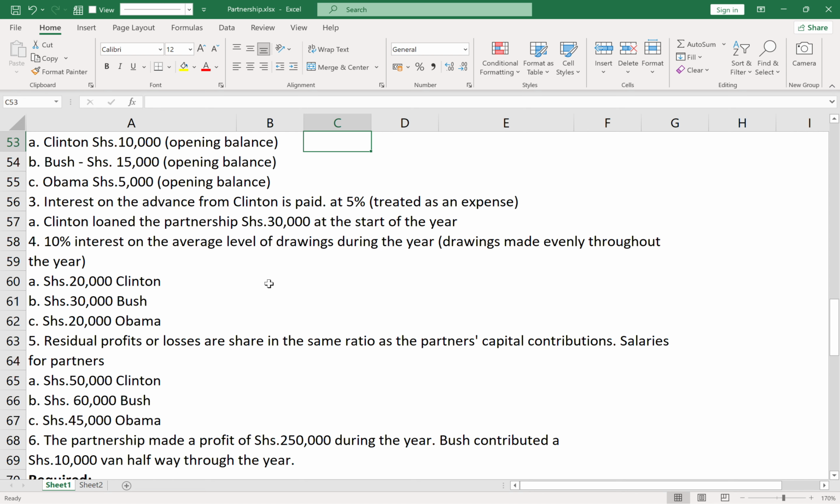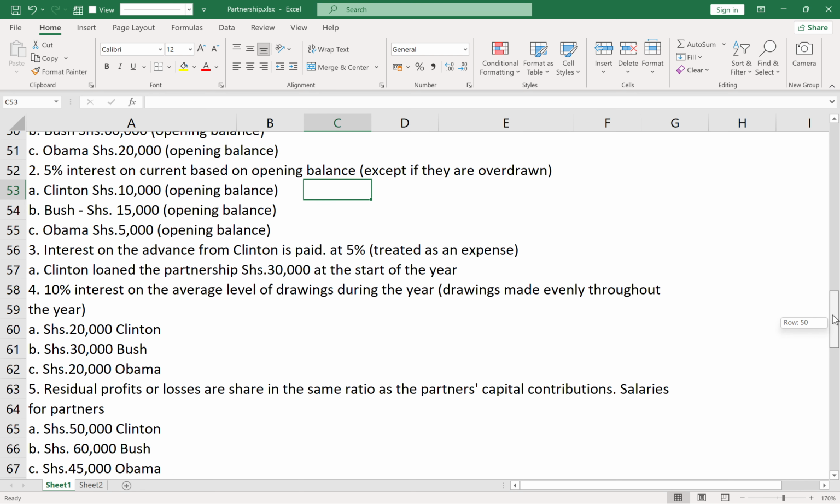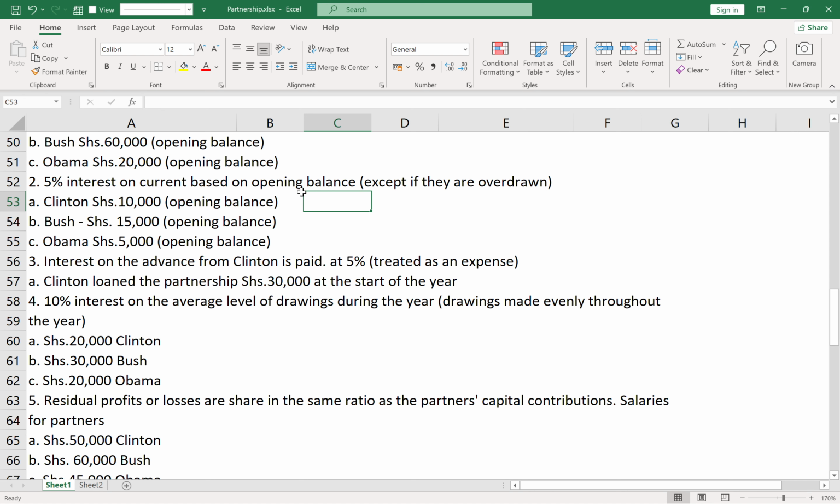Since these drawings were made evenly throughout the year, we are going to charge 5% on the average, except if they were overdrawn.